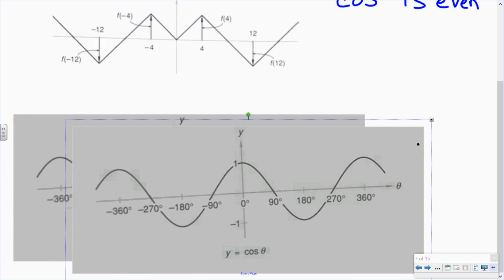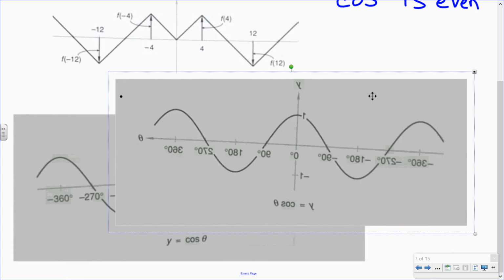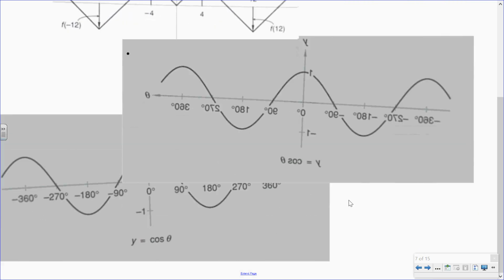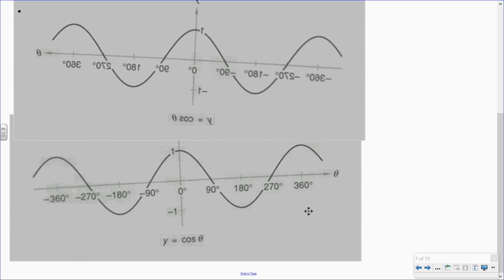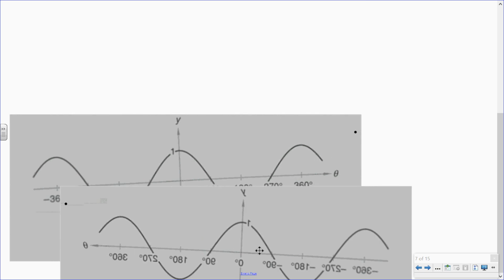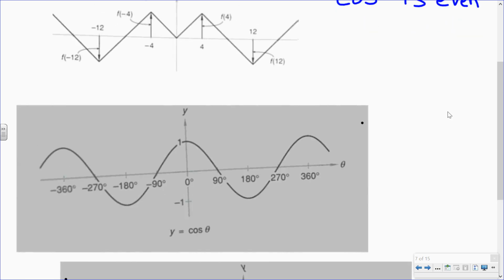And then if I flip one of these left and right, so the numbers get messed up when I flip like that, but don't the graphs still look like exactly the same shape? That's what it means to be symmetric about the y-axis. That one down and the one with the numbers looking normal, closer to where I can see what I'm talking about.